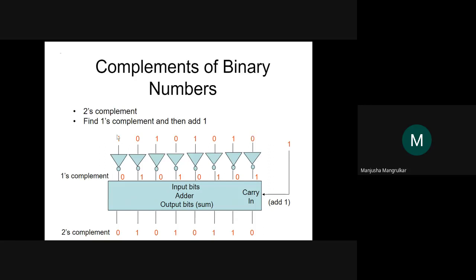The first bit is called the MSB, the most significant bit. Now first is the one's complement. We use the NOT gate. So whatever the data, 10101010, that is converted into the complement, that is 01010101, and then we add 1.